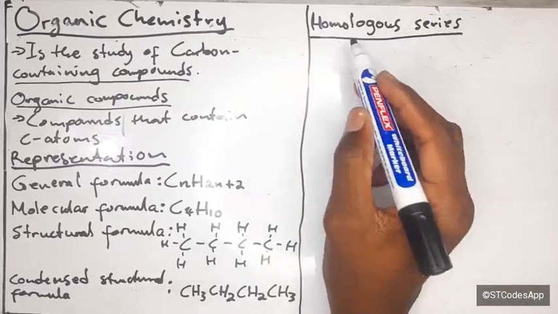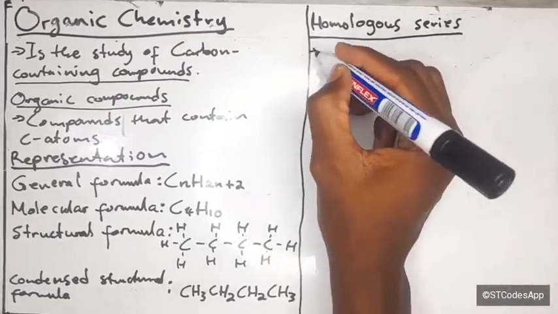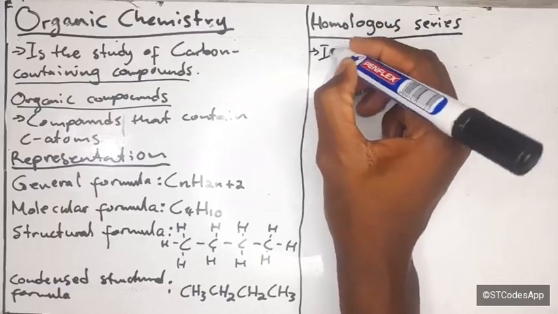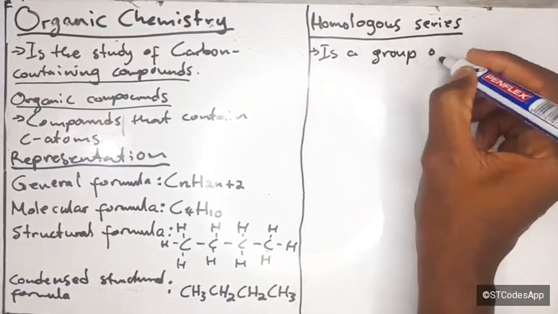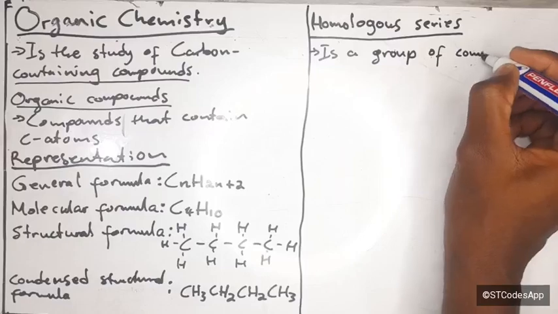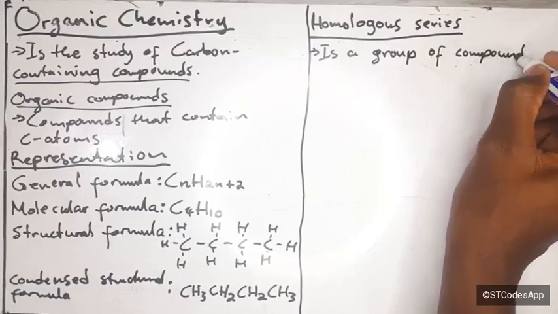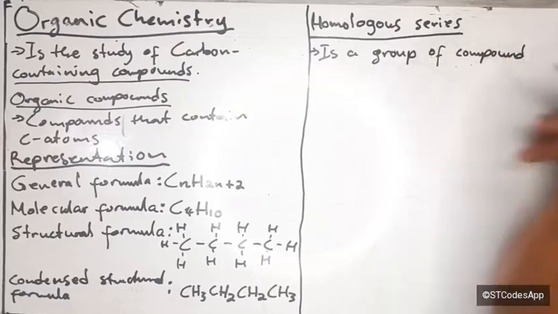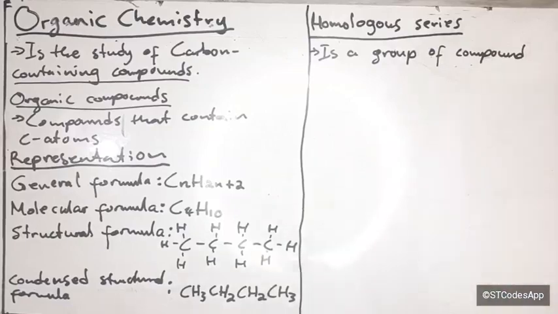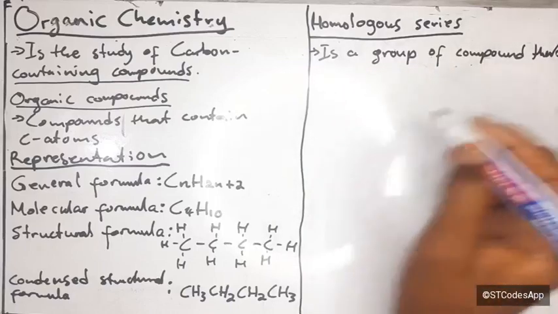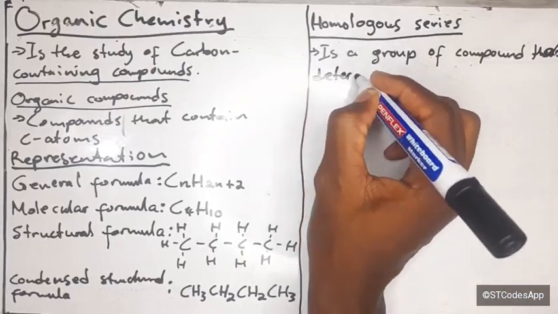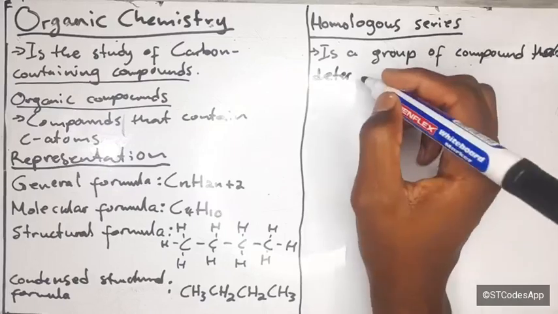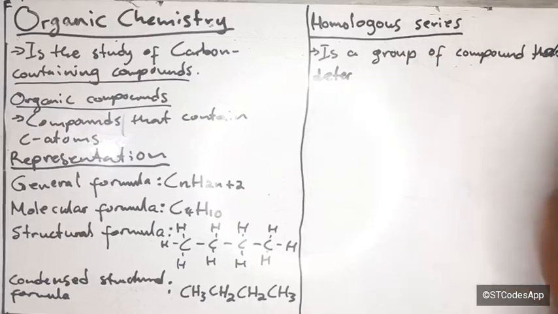What is a homologous series? Well, a homologous series is a group of compounds or atoms or whatever that determines, that can be determined. Sorry, I'm not making sense here.